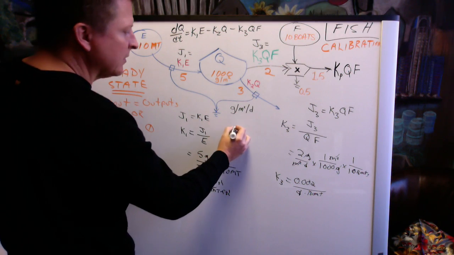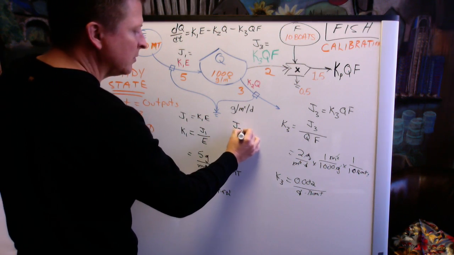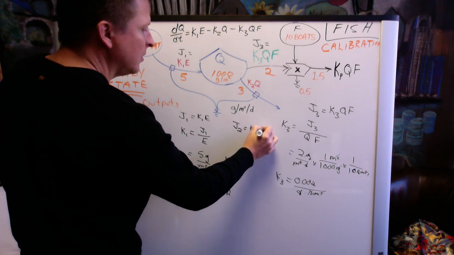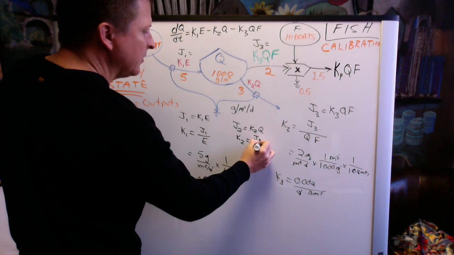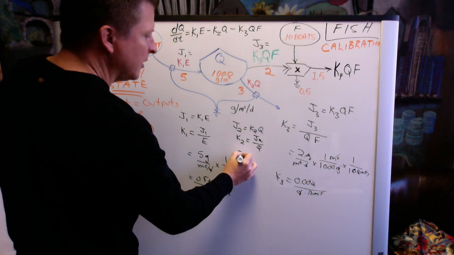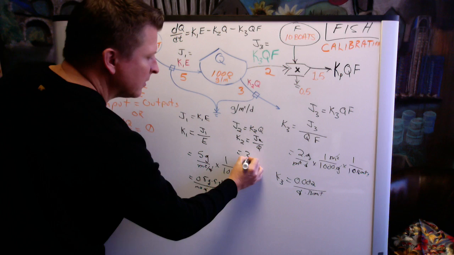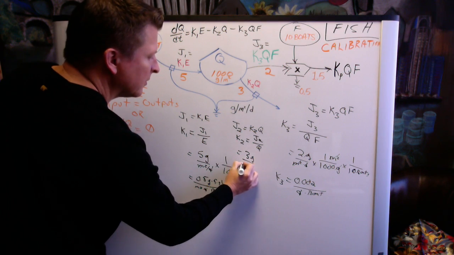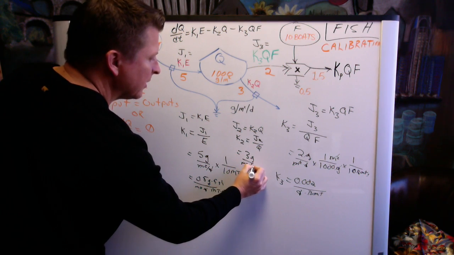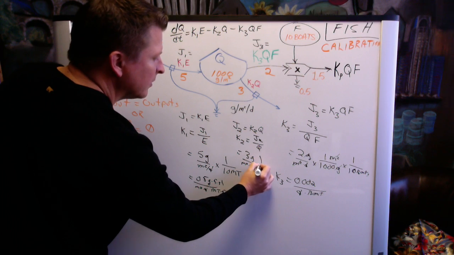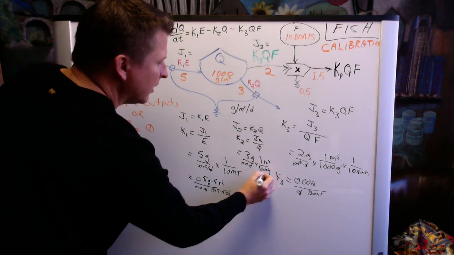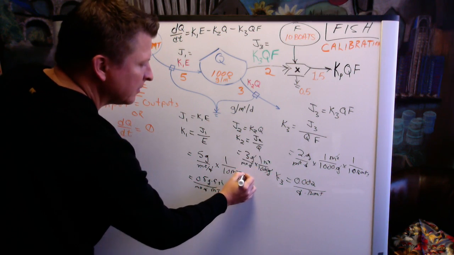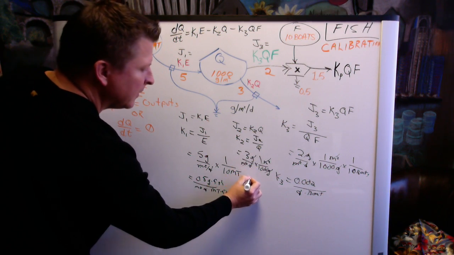Likewise, we can do it for K2. J2 equals K2Q. Solve for K2, J2 over Q. Substitute in our J2 is 3 grams per square meter day, times 1 over Q, where 1 square meter is 1,000 grams. Grams cancel out, square meters cancel out.